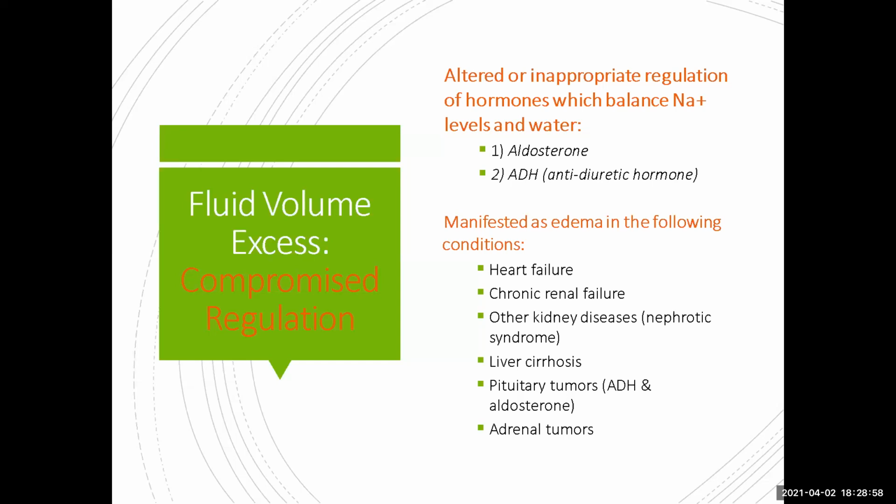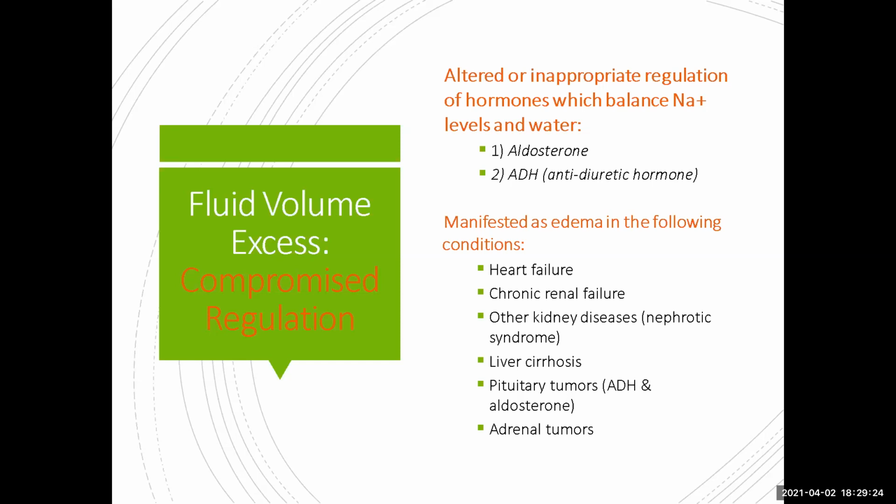So you have an altered or inappropriate regulation of hormones, which balance sodium levels and water. So we're talking about the aldosterone and the ADH, or the anti-diuretic hormone. And we'll look at that a little deeper in a couple more slides, but that's what's going on. That's why this person has fluid volume excess.